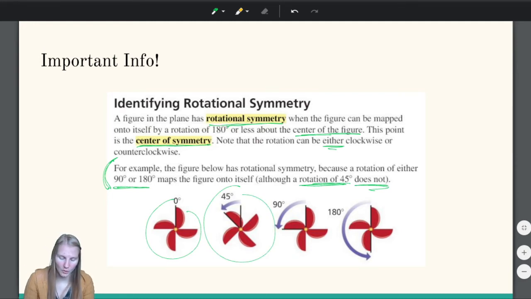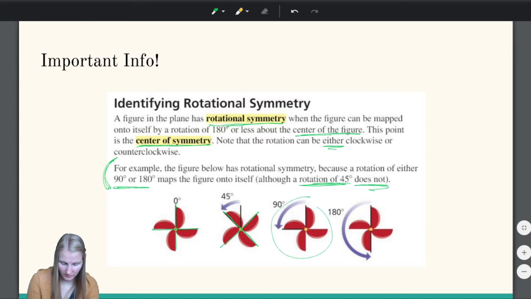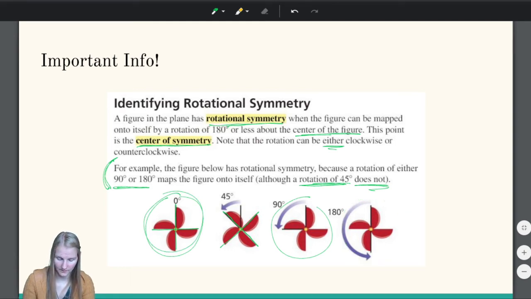Notice that here the pinwheel has sort of a plus shape, and when I map it 45 degrees, it has more of an X type shape. So 45 degrees does not have rotational symmetry. But at 90 degrees, these pictures look exactly the same, and 180 degrees looks exactly the same.